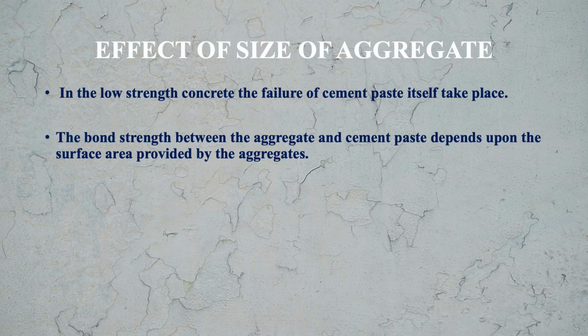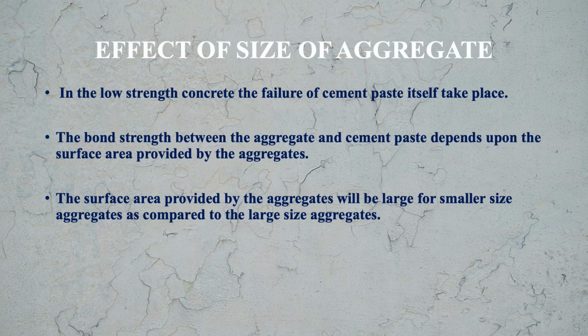The bond strength between the aggregate and cement paste depends upon the surface area provided by the aggregate. The surface area provided by aggregates will be large for smaller size aggregates as compared to large size aggregate, because you know that the finer the aggregate, the more the surface area.